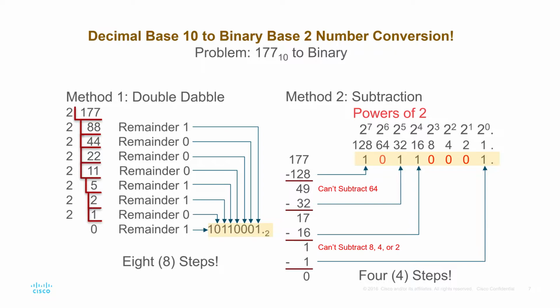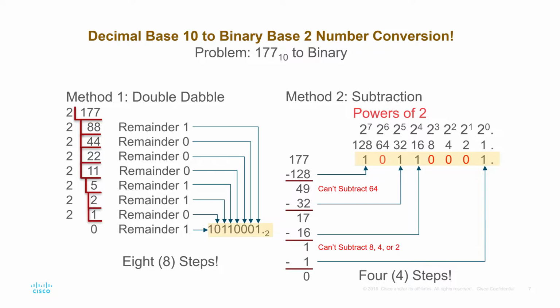Now, using the double-dabble method, you had to take 8 distinct steps to get to the answer. Whereas with the subtraction method, you only had 4 steps. In 8 steps, the possibility of making a mistake is twice that of the 4 steps.